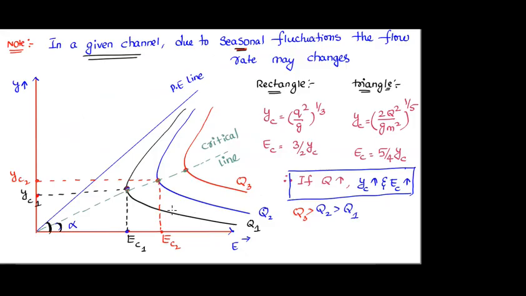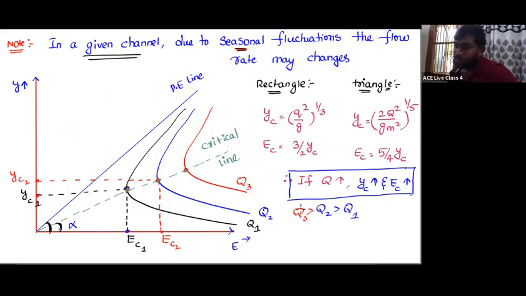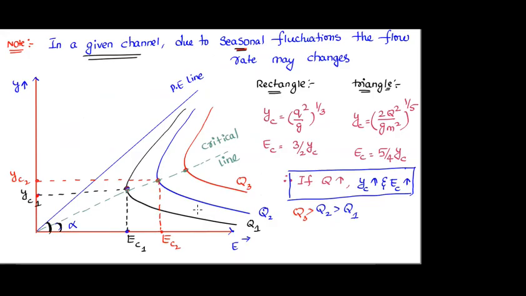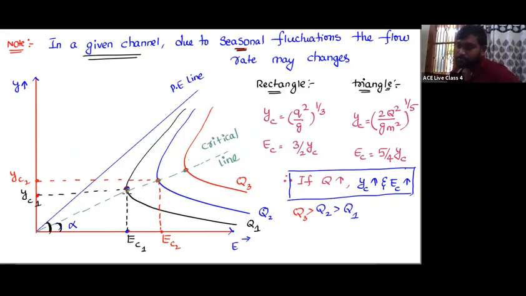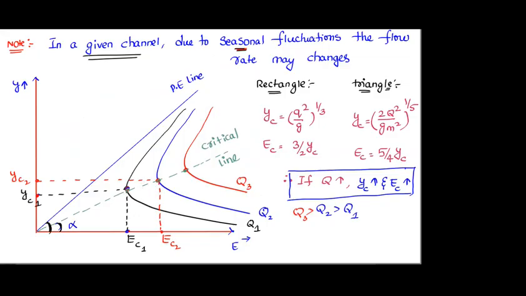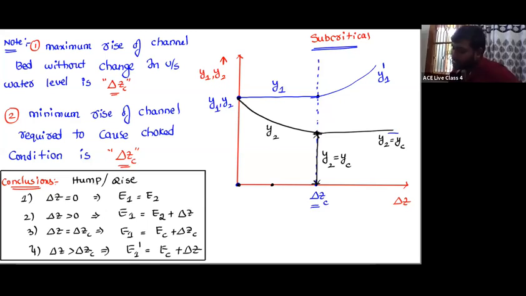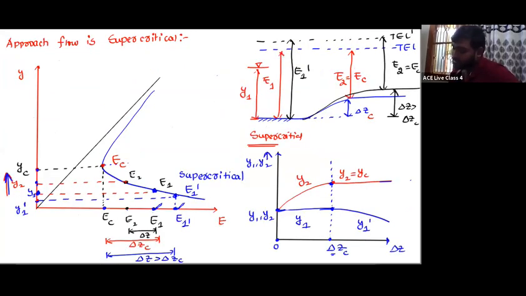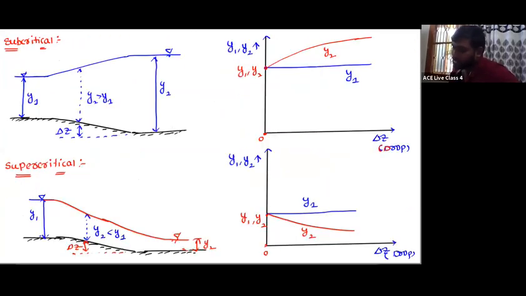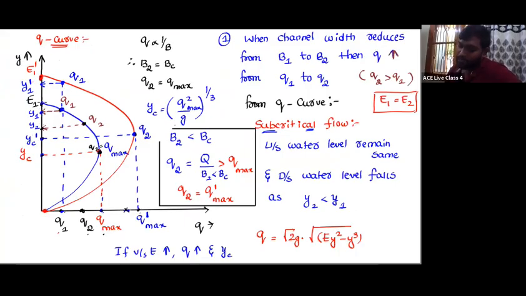Increases, sir. See, for a given graph is for a particular discharge. Yes or no? If discharge increases, the curve is going to rise or not? Yes, sir. Similarly, in the case of the width transitions also, this is for a given specific energy, yes or not?